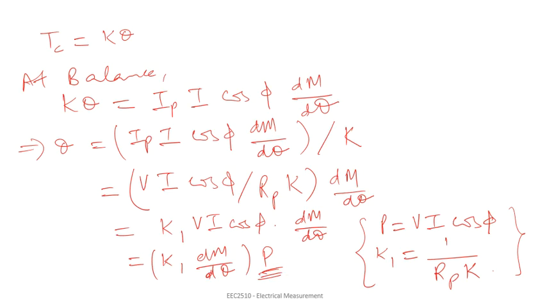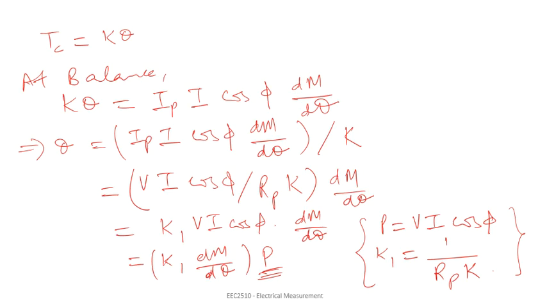With this much we stop for today, and in the next lecture we will discuss some errors present in electrodynamometer type wattmeters. We discussed the errors present in general electrodynamometer instruments in the last lecture.